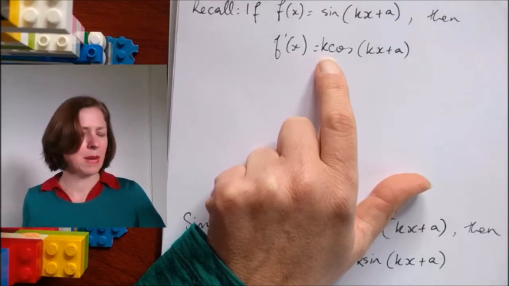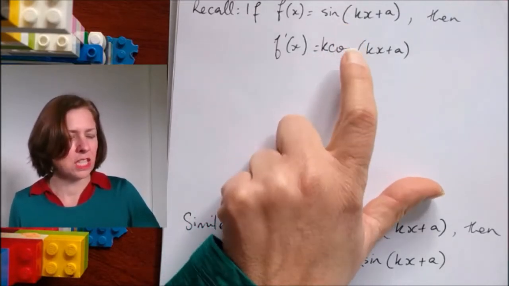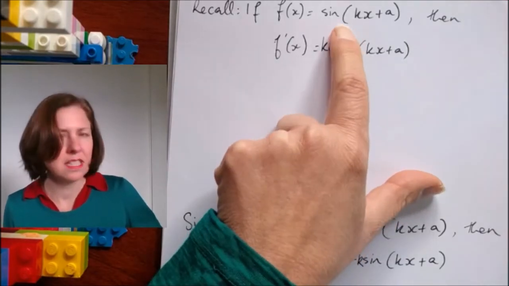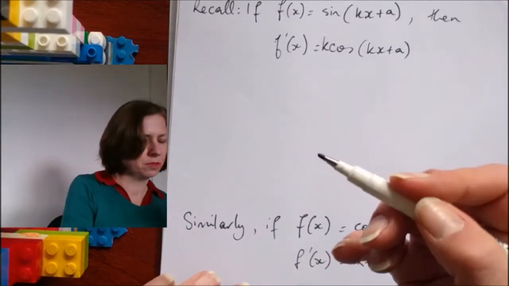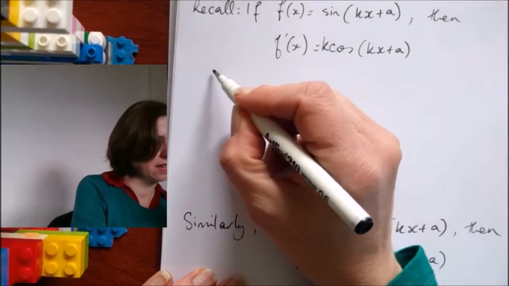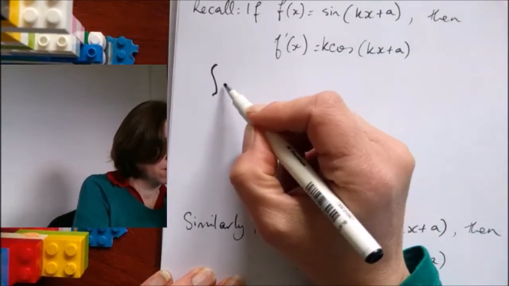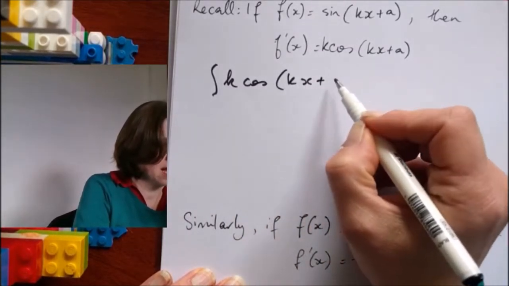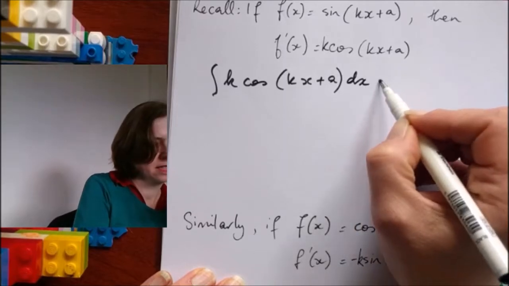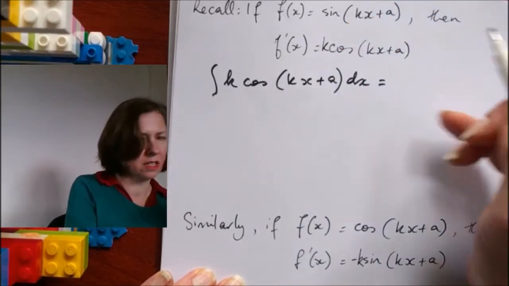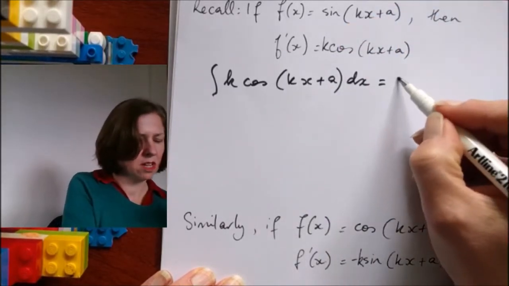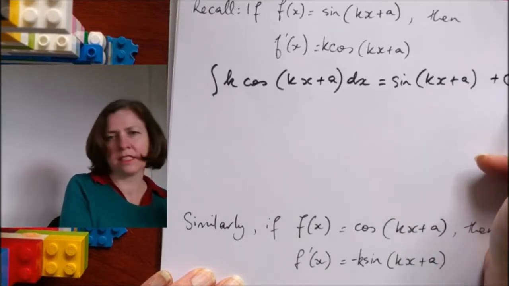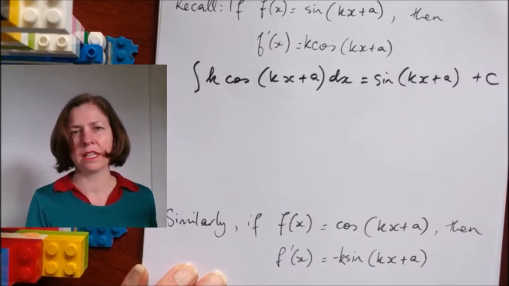So if this is the function and this is the derivative, then if this is the function, this is the antiderivative. So I can write down the antiderivative of k cos of kx plus a dx is going to equal the function I started with, which is sine kx plus a. And let's throw in our plus c, don't forget that guy.